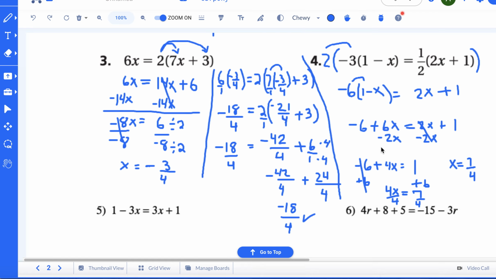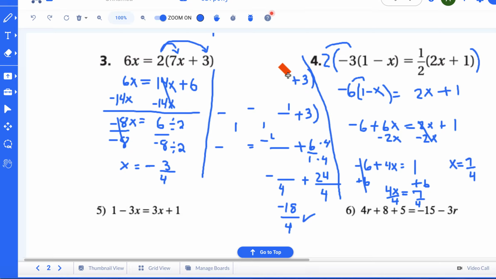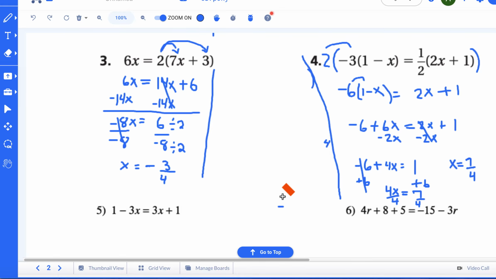Okay, we are going to check this answer, and to check this answer, I told you before, we are going to substitute. So I'm going to erase this so we can have space. We're going to substitute into the original equation, and if I get a true statement, that means my answer is correct. So it's a good idea to check your answer.